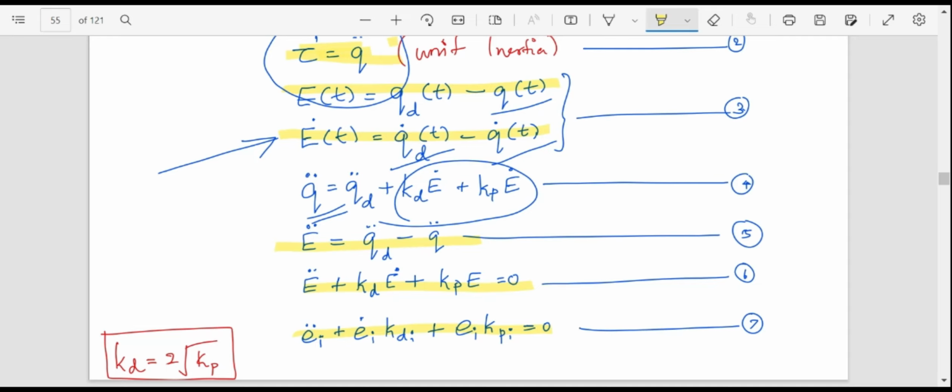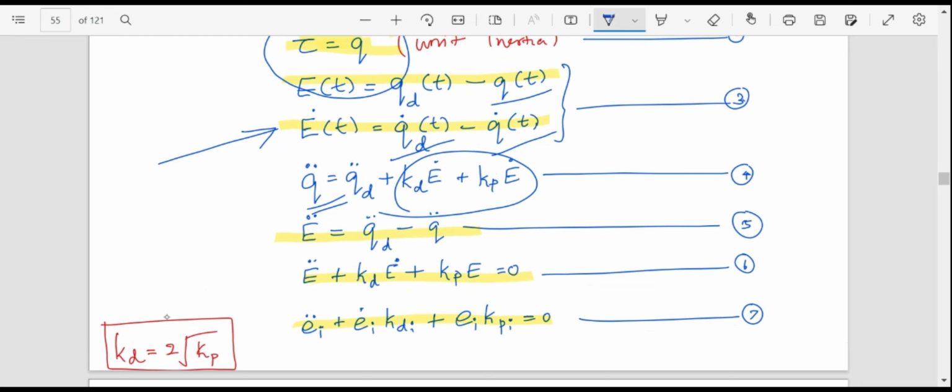KDi is the velocity gain of joint i and KPi is the positional gain of joint i. We have already seen that for a robot manipulator, the joint should be critically damped. Hence, this condition must be satisfied, where Kd, the velocity gain, is twice the square root of the positional gain. If we maintain this, our manipulator joint would be critically damped.